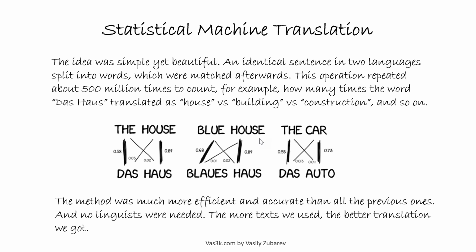This way we achieved translation without a lot of rule based or linguistic pre-processing. The method was much more efficient and accurate than all the previous ones, and no linguistics were needed. The more text we use, the better translations we got. That was a great achievement with statistical machine translation, or SMT.